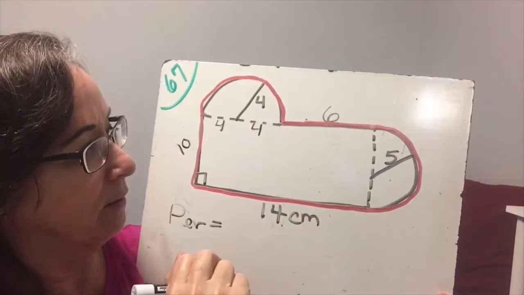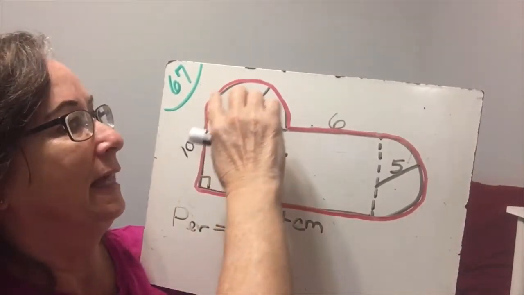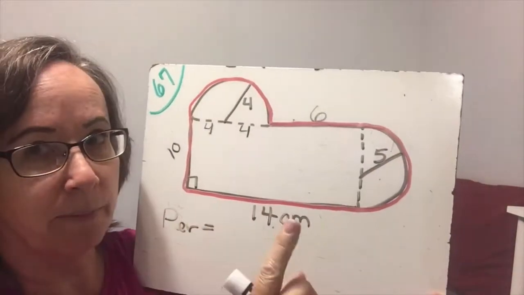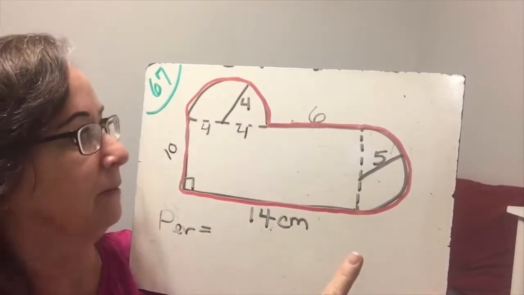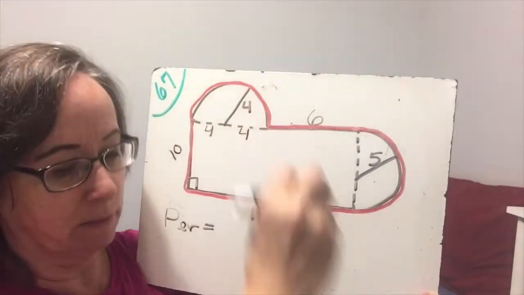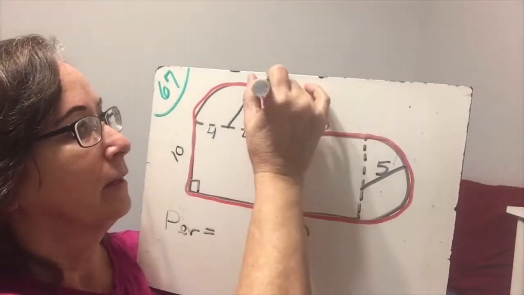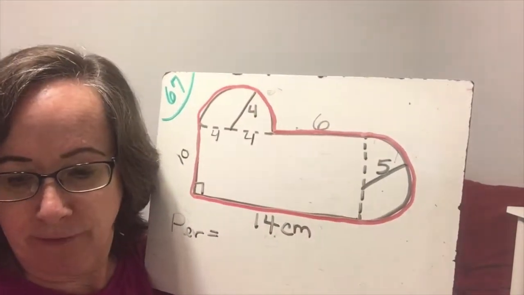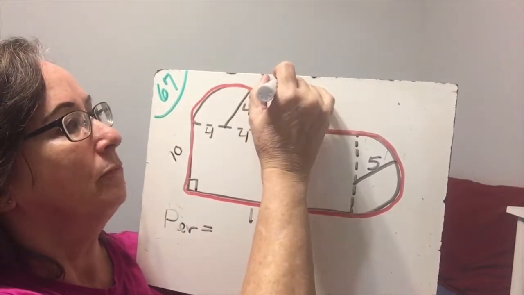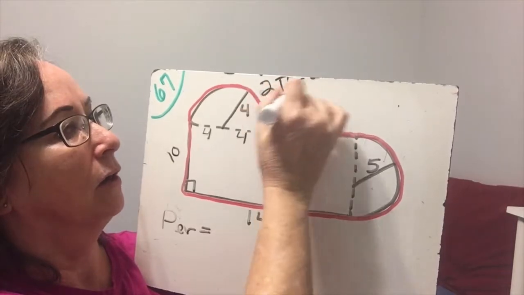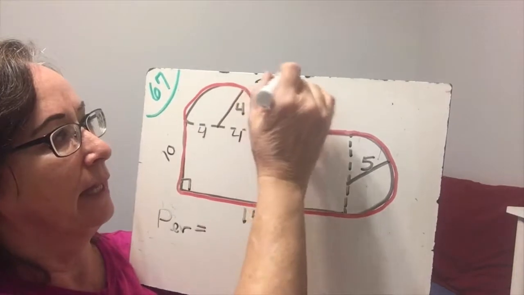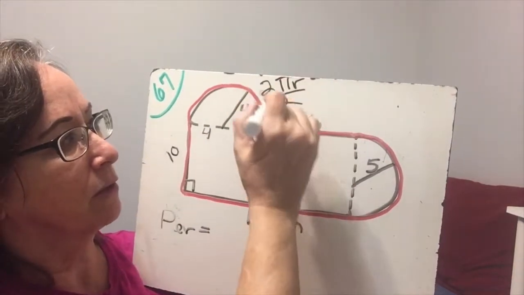Okay, so now let's talk about the distance around those 2 half circles, which, remember, the distance around a whole circle is 2 pi r. So this one is going to be 2 pi r over 2, which is the circumference of a circle cut in half.